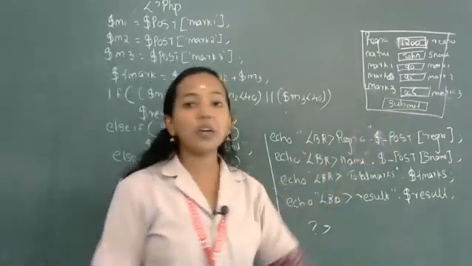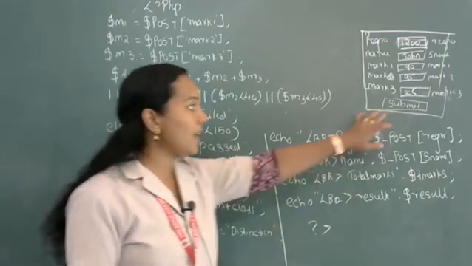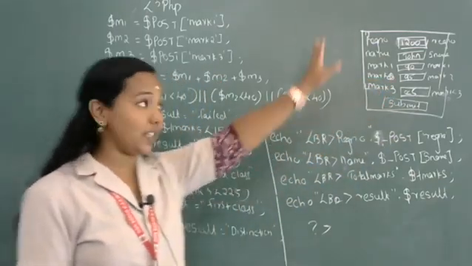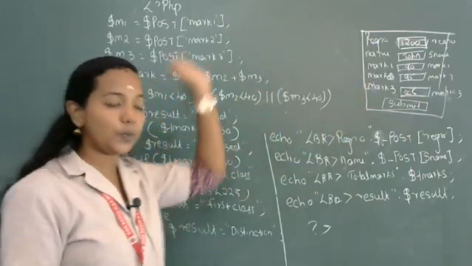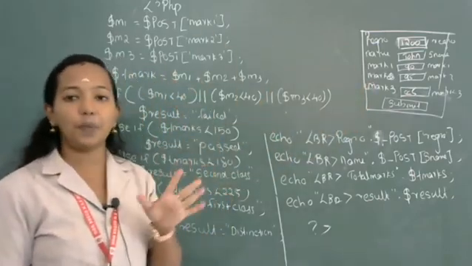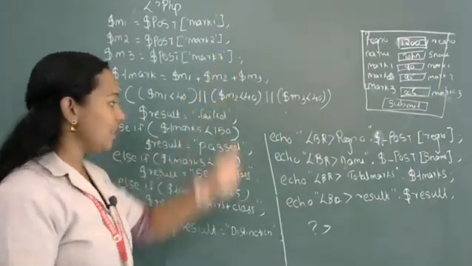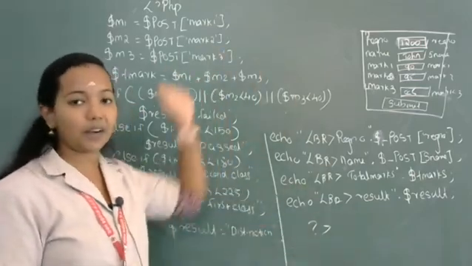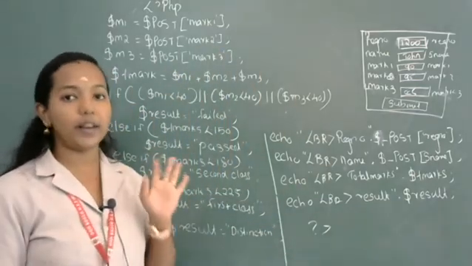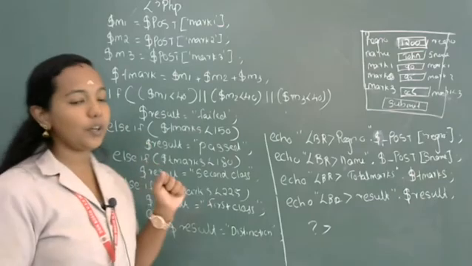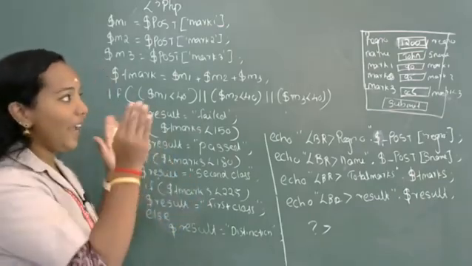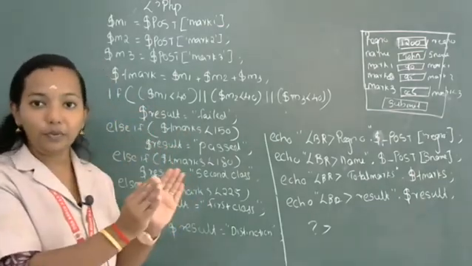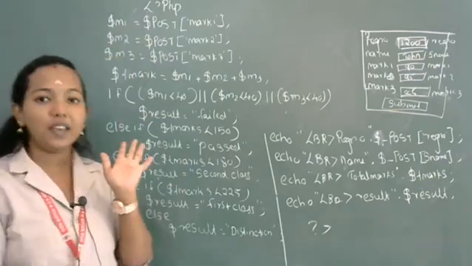So when I click on the submit button, automatically the data present in that form is transferring to result.php program. This is the result.php program. Here I have written it on the board itself. So in result.php, what will happen? The entire text box value will be assigned into PHP variable.